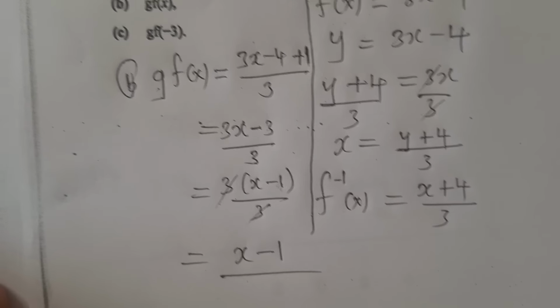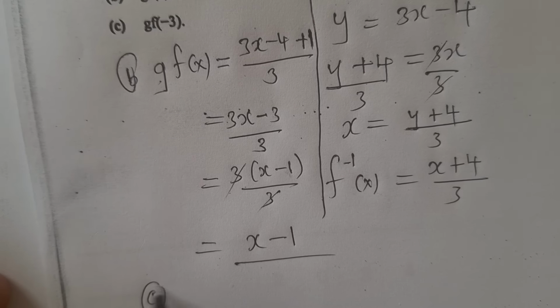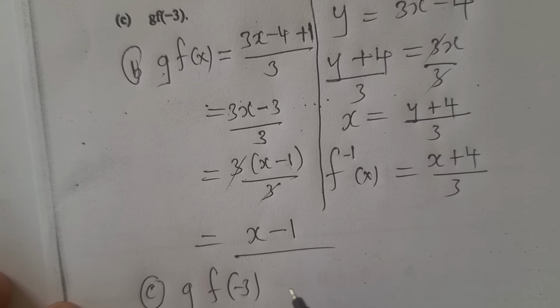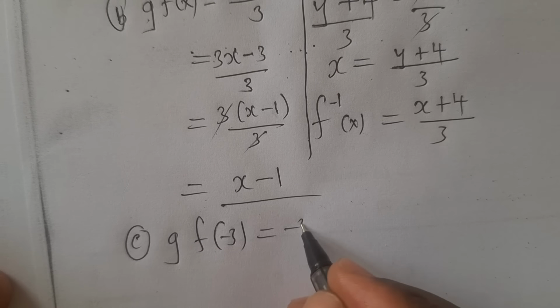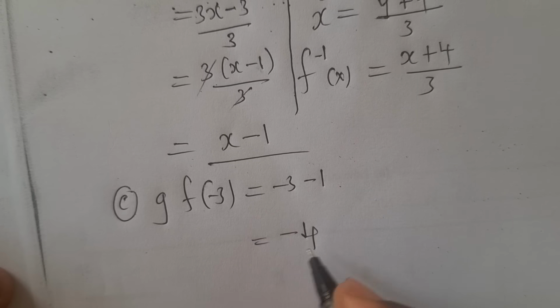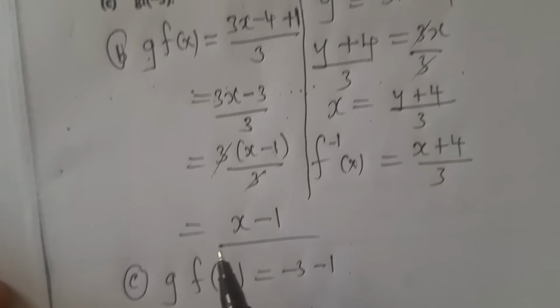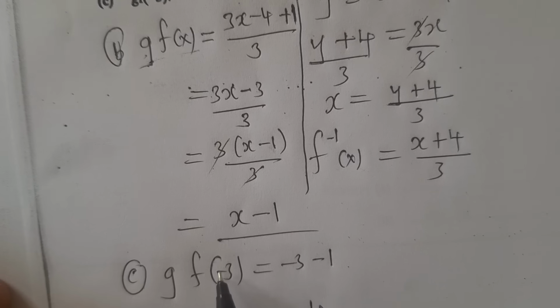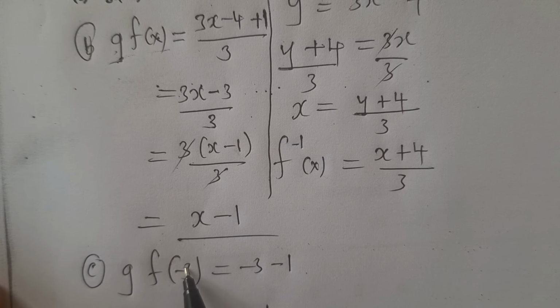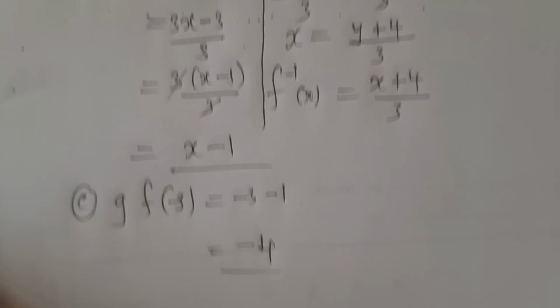For the last question, which is question C, they are saying g of f of negative 3. So where there is x, you write negative 3 minus 1 there, and this will give us minus 4. For this one, you can see this and this are the same. So where there is x, there is a negative 3, meaning on your final answer here, where there is x, you write a negative 3 and simplify.